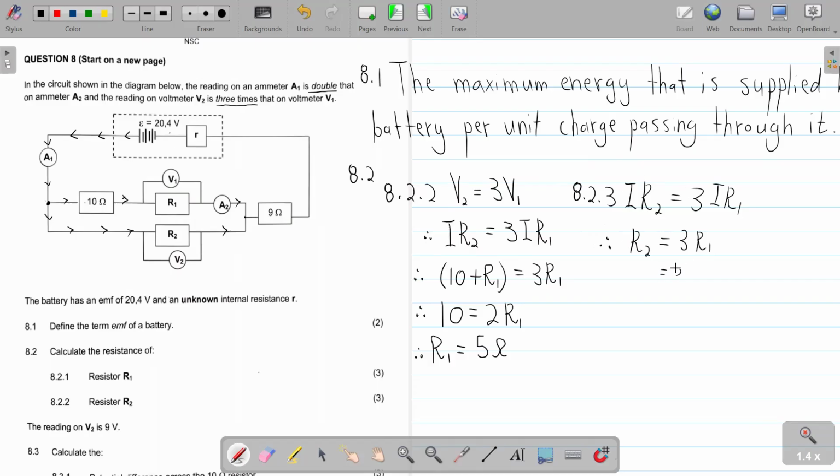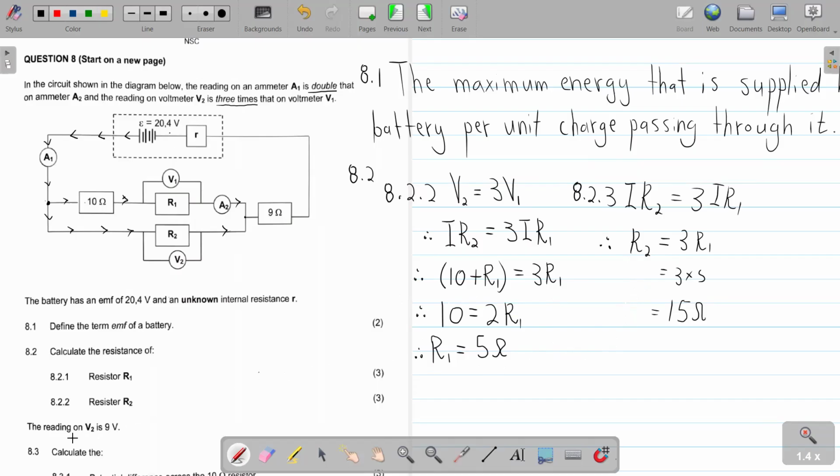So it is equal to 3 multiplied by 5 equals 15 ohms. So now that is R2. Okay. And then they gave us more information.